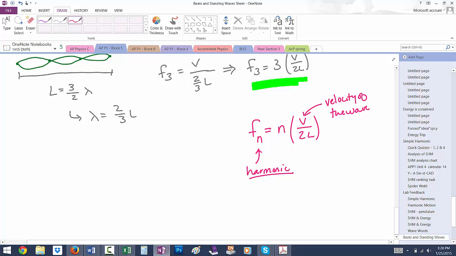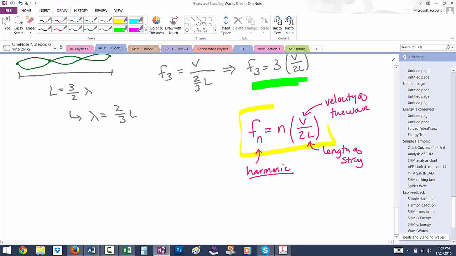If you have ever seen or played a stringed instrument, you know that different strings on that instrument have different thicknesses. It's so that they can have sound waves moving at different speeds. So that's where that comes from. And then L is, of course, the length of the string.